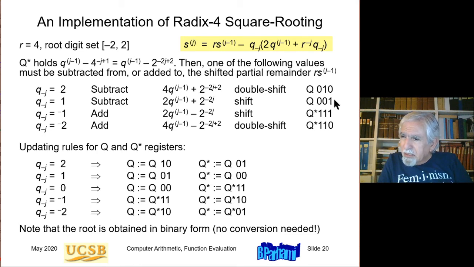And so this is what I will be subtracting. Okay, similarly for the other ones. Again, I can add 0 as an option for the root digit, and that has its own rule for forming the new partial root and the new diminished partial root.